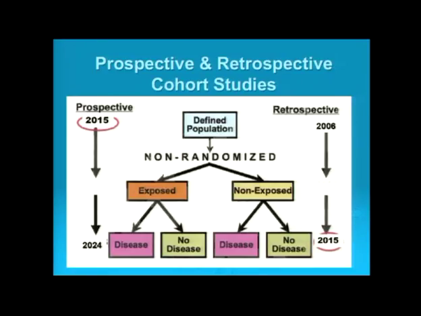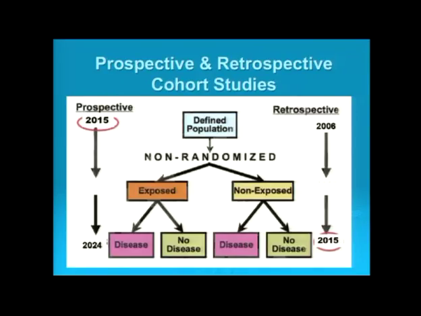And let's say I took a large enough sample and I had estimated a sample size, so I knew that at the end I would have an adequately powered study, meaning I would have enough people who ended up with the outcome of lung cancer to do an analysis. It would take me 10 years to get that number. So I would need today to follow those subjects 10 years to see who developed lung cancer and who didn't.